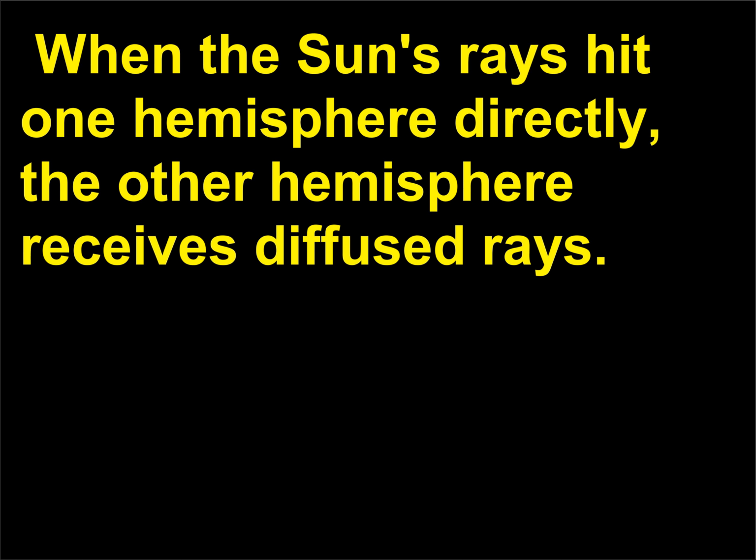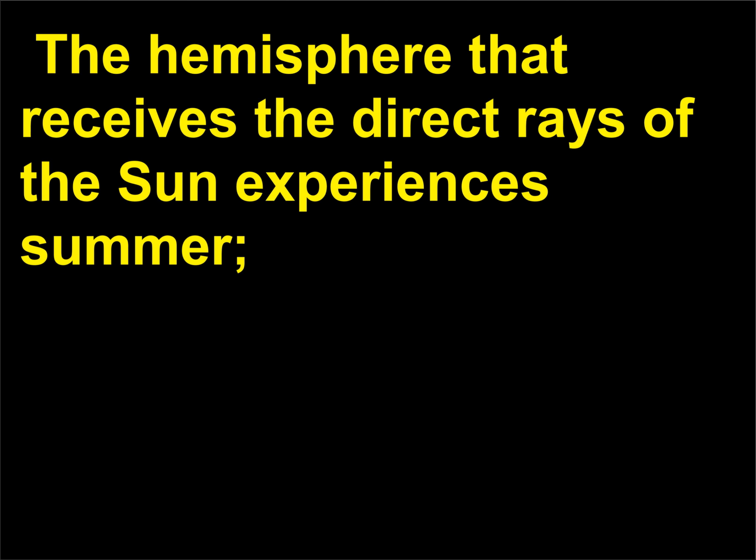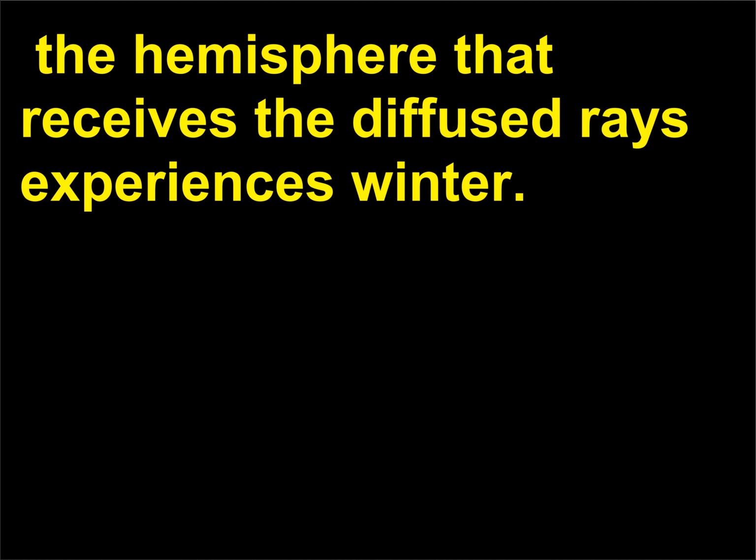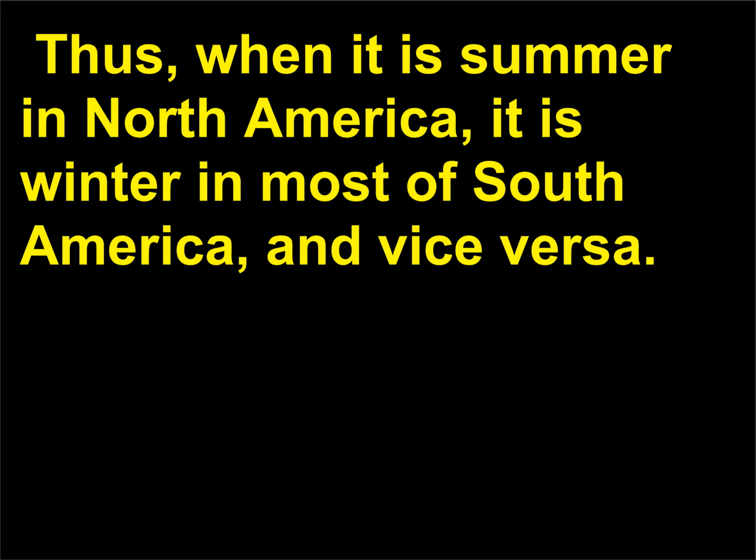When the Sun's rays hit one hemisphere directly, the other hemisphere receives diffused rays. The hemisphere that receives the direct rays of the Sun experiences summer. The hemisphere that receives the diffused rays experiences winter. Thus, when it is summer in North America, it is winter in most of South America, and vice versa.